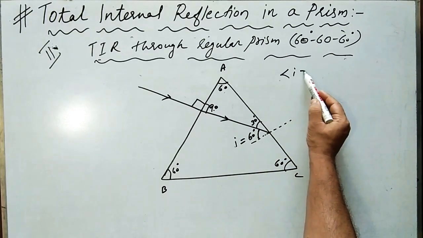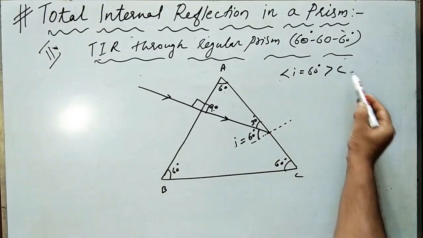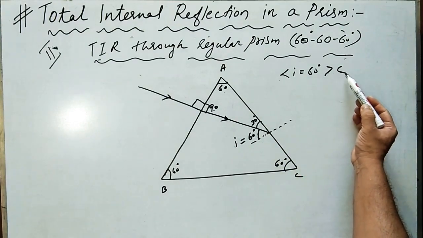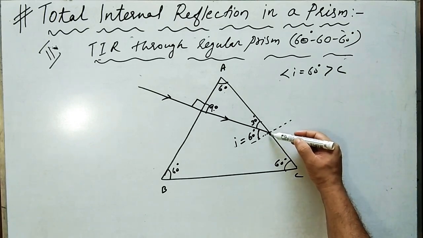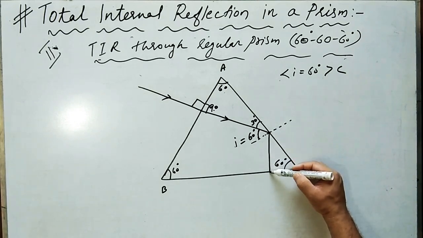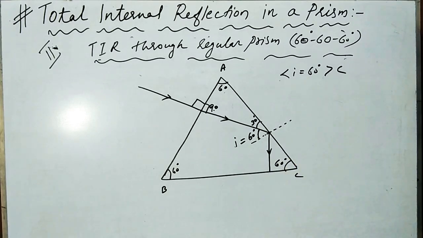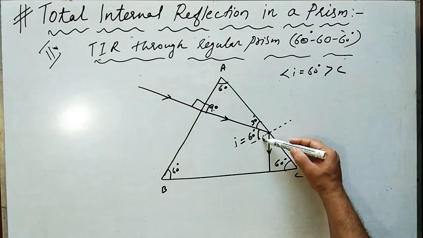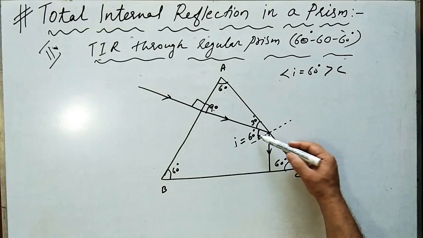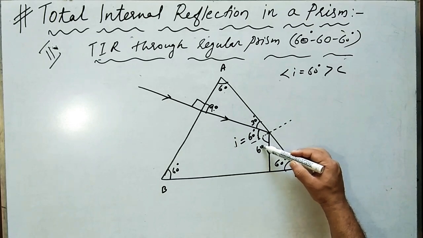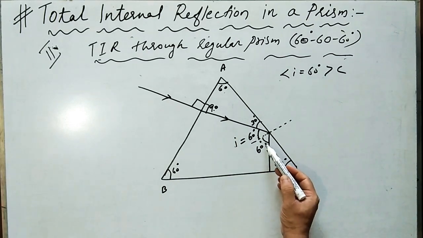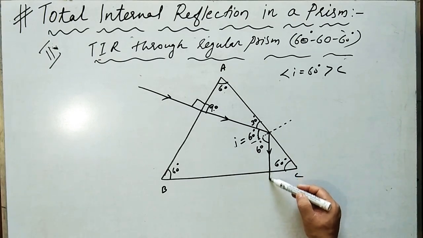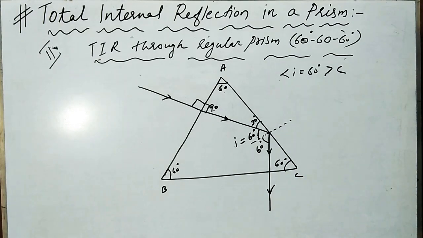The angle of incidence is 60 degrees, which is greater than the critical angle for the glass-air interface. So when the angle of incidence is greater than the critical angle, what will happen? The ray of light will get totally internally reflected. It will suffer total internal reflection at the surface AC. And what is the angle of reflection? Through how many degrees does it turn? Since the angle of incidence must be equal to the angle of reflection, it must turn through 60 degrees. So the light ray is turned through 60 degrees and strikes the surface BC normally, and for normal incidence it passes undeviated.